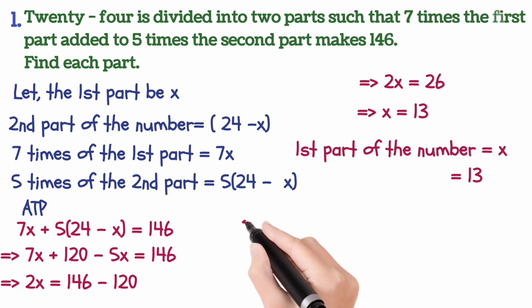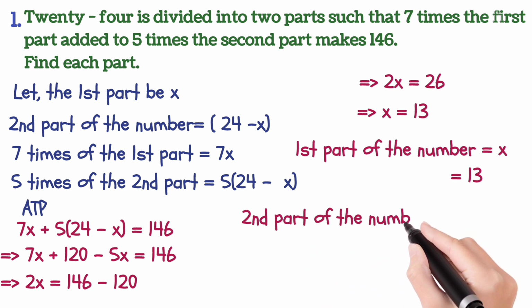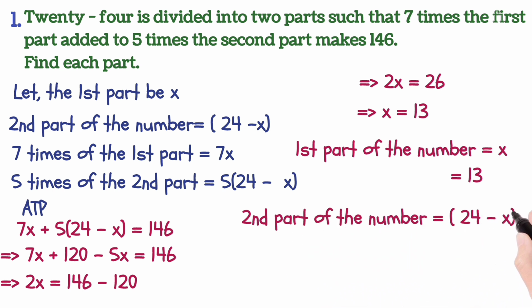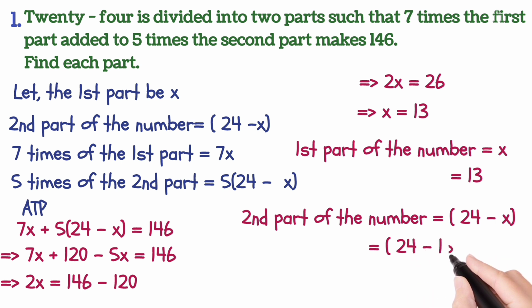And our second part of the number is 24 minus x. So you will put the value of x and write 24 minus 13. You will simply subtract and you will get 11 as the second part.